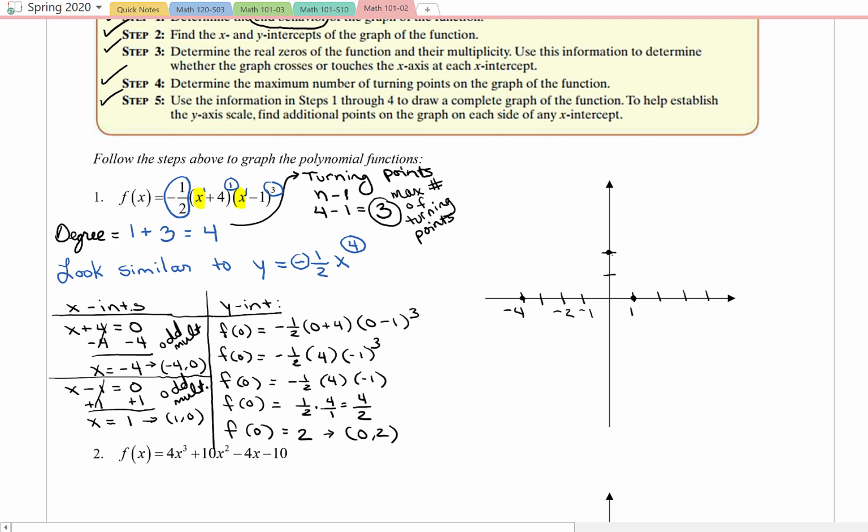So this is kind of like my step 5, where I find additional points on the graph on each side of any x-intercept, just to help me sketch this graph. So maybe some good values for me to choose in this case would be maybe like -5, -2, +2. So these are just some values that I'm using here to help me sketch this graph.